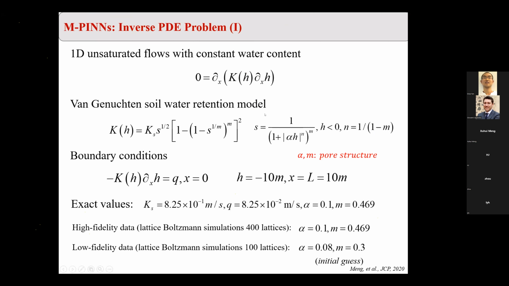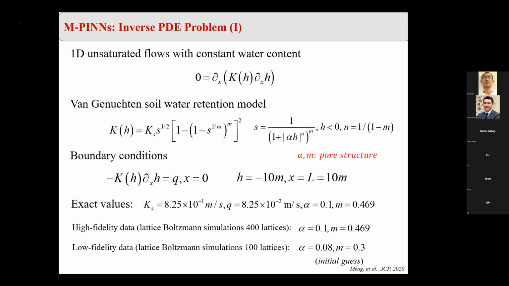So in this case, we try to infer alpha and M given data on H. And we also assume that we have two types of data, low fidelity data and high fidelity data. We don't know the exact value for alpha and M, but we know the range for alpha and M in a certain area.